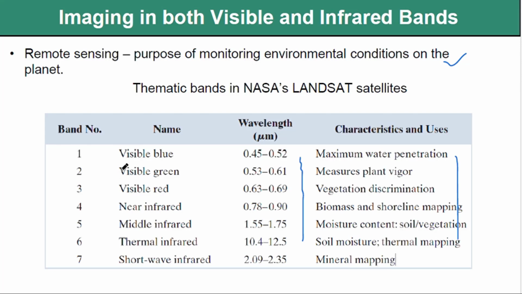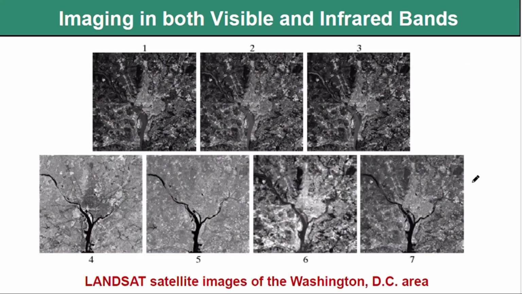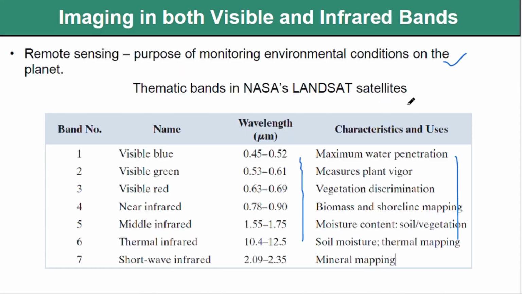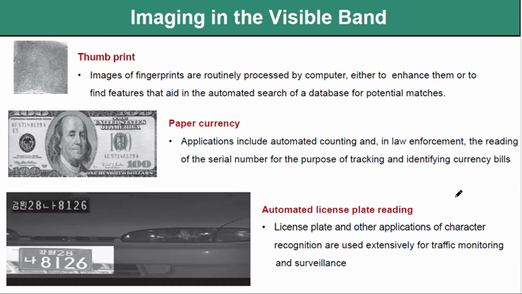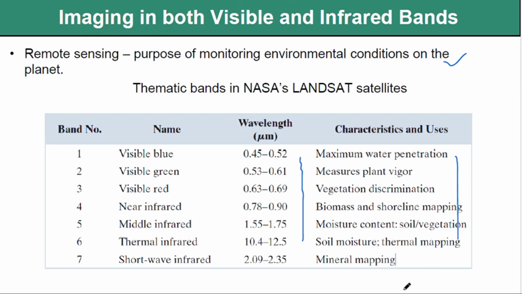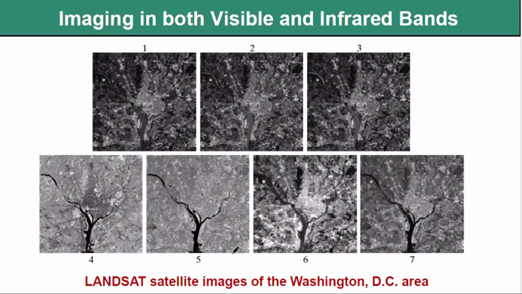Suppose if you take the image in visible blue, you can obtain the details about maximum water penetration in the earth. Landsat satellite images of the Washington DC area. NASA satellite takes pictures from the space and it sends those pictures to the earth, and on the earth those images are analyzed to find all these details. These are the 7 pictures.